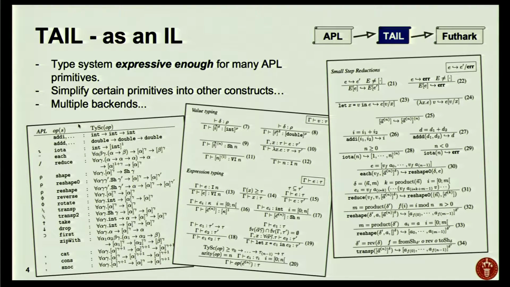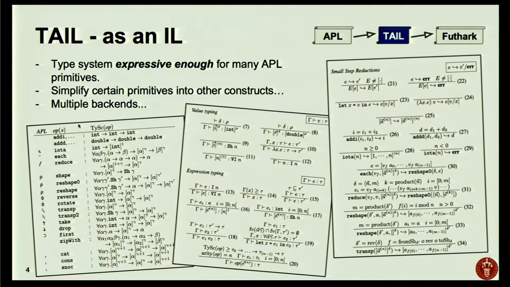So TAIL as an intermediate language, this idea of having an intermediate language where we can investigate this kind of thing in isolation from everything else, from backends, from front ends, and so on, so that we can have an understanding of what these operations are and what their types are in this setting.